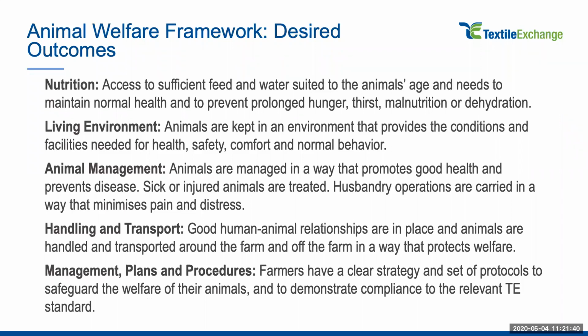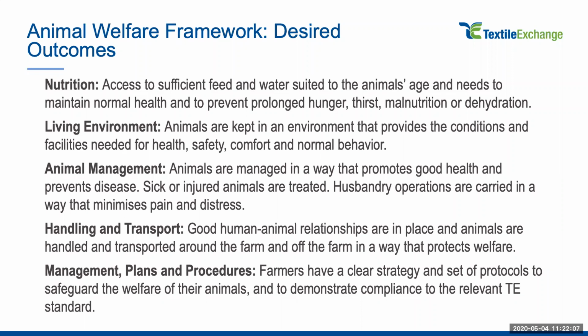And then, using the provisions, there is an animal welfare framework, and the aim of the animal welfare framework was to set up a framework that allows any animal species to be looked at and the requirements for its welfare to be mapped against the framework.